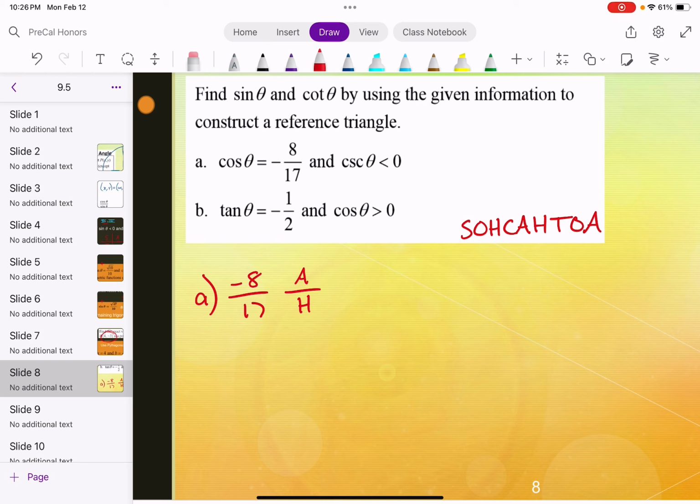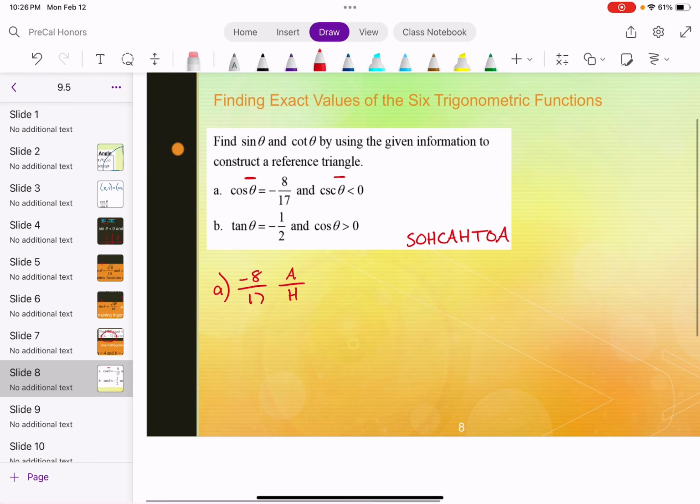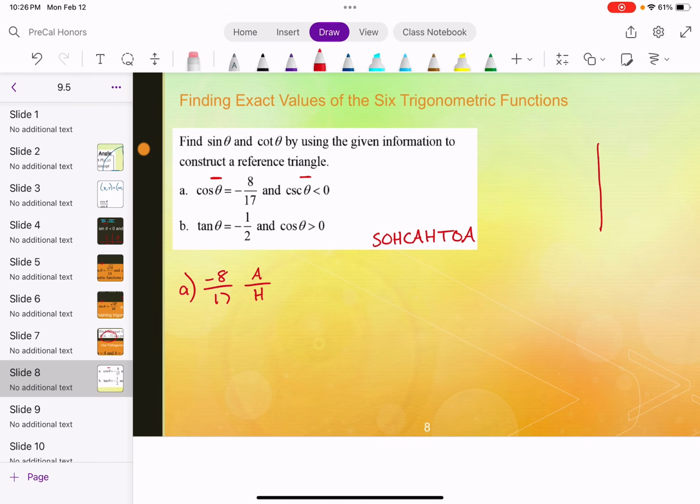So we first have to figure out what quadrant are we even looking at. Notice cosine is negative, but cosecant is also negative. We go ahead, we lay out our quadrants. And we quickly realize that in order for cosine to be negative, it would have to be 2nd or 3rd quadrant.